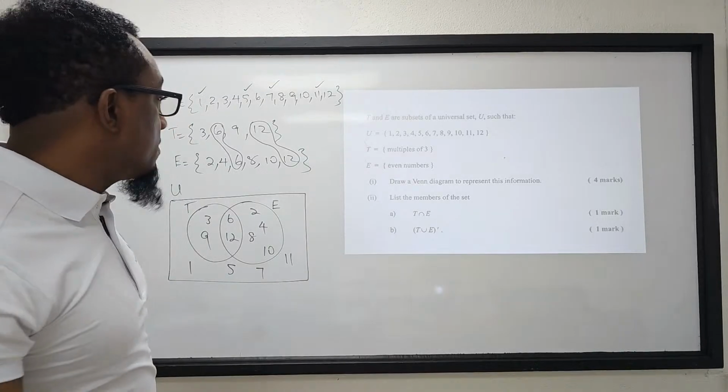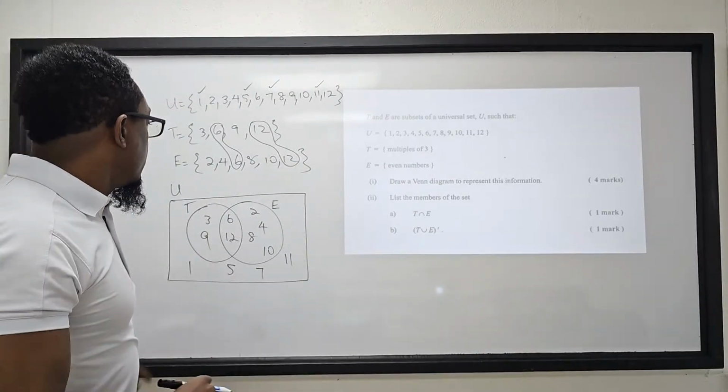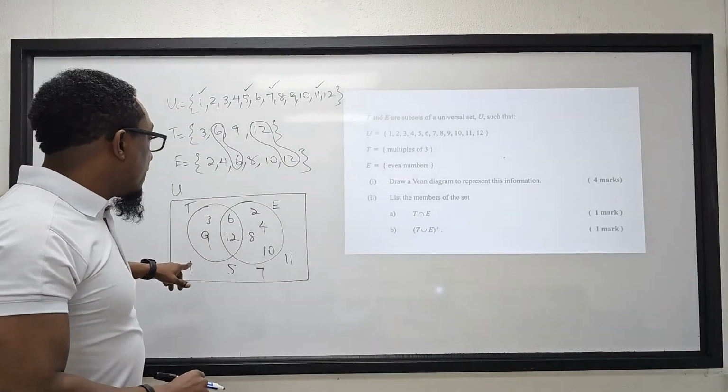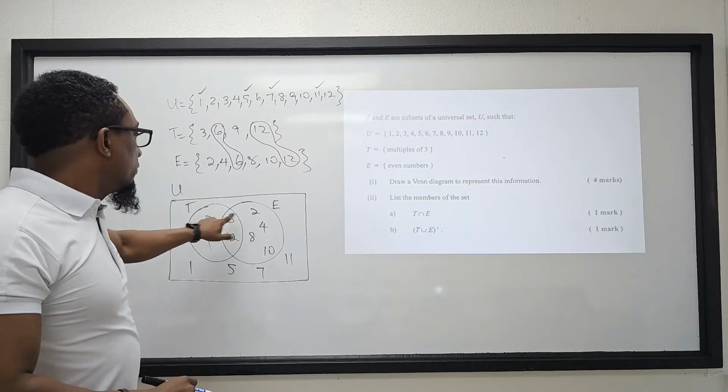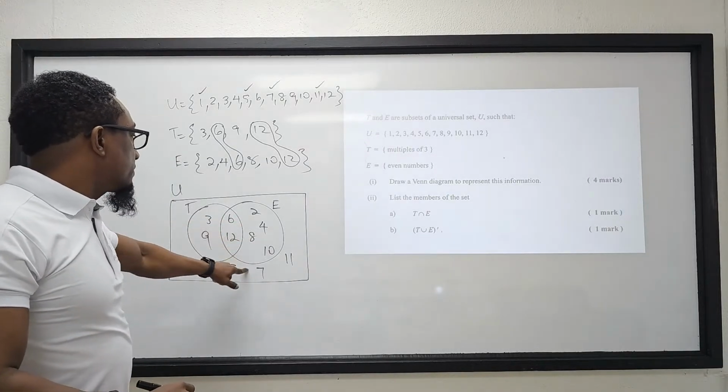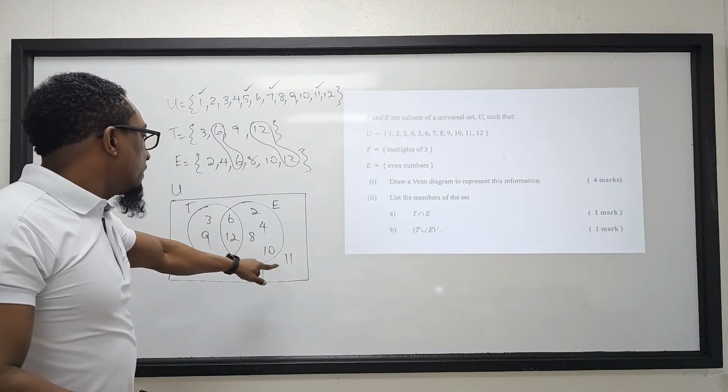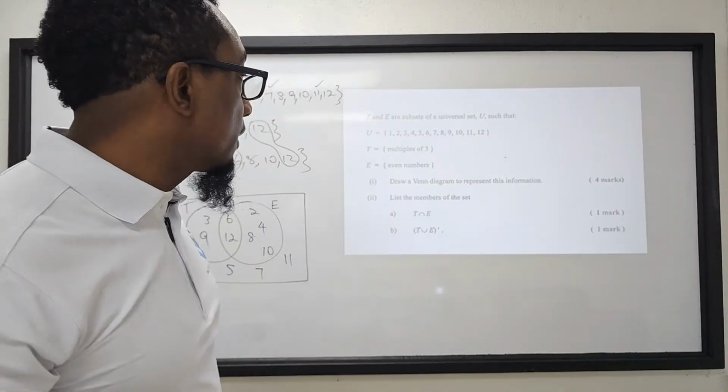So let's make sure we have all the elements of the universal set placed in our Venn diagram. 1, 2, 3, 4, 5, 6, 7, 8, 9, 10, 11, 12. Yes, but the elements are strategically placed.